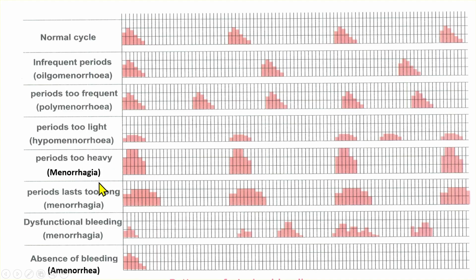If the period is too heavy or lasts for a long period, it is known as menorrhagia, and if it's dysfunctional bleeding, it is also known as menorrhagia. And if there is absence of bleeding, it is known as amenorrhea. So these are different terms associated with abnormal uterine bleeding.